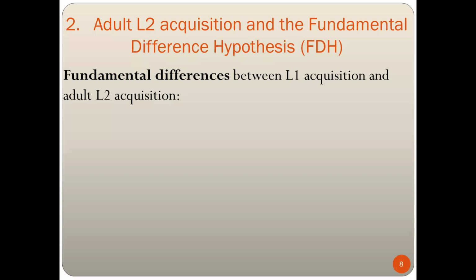But then the question is, are first language acquisition and adult second language acquisition the same phenomenon? When we compare what happens in either of them, we will come to the conclusion that they're actually characterized by what at least one researcher called fundamental differences.